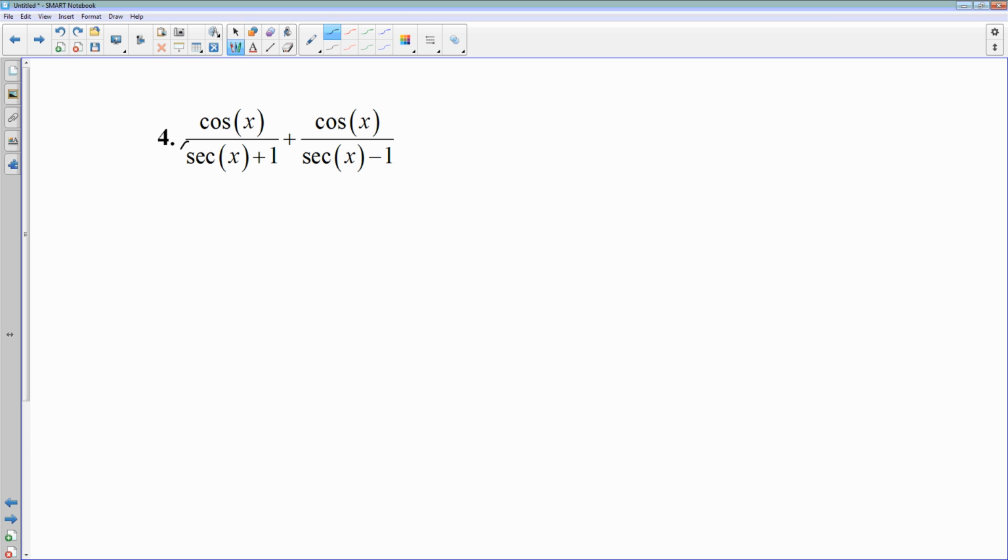I have secant plus 1 and I have secant minus 1. For my common denominator, we're simply going to multiply those two. So I'm going to multiply this fraction over here by secant x plus 1 on top and bottom. This one over here, I'm going to multiply top and bottom by secant x minus 1.